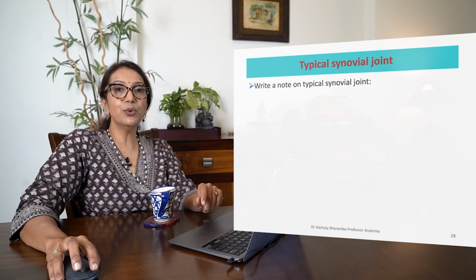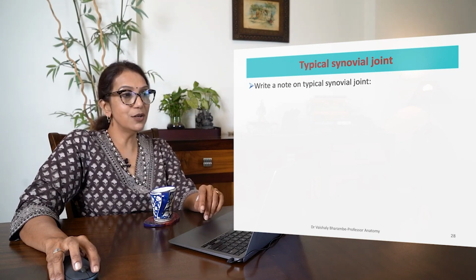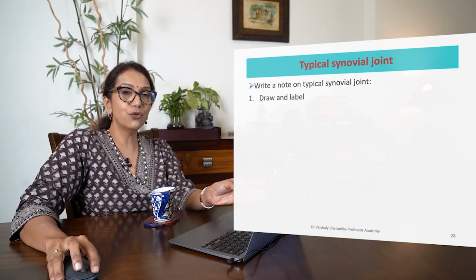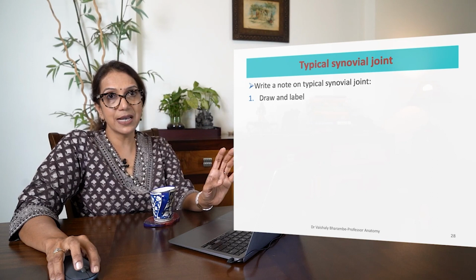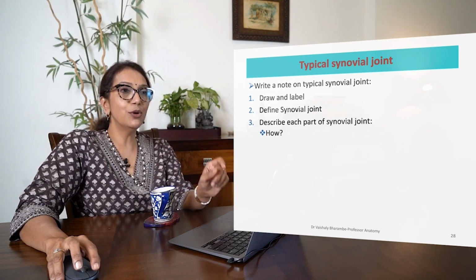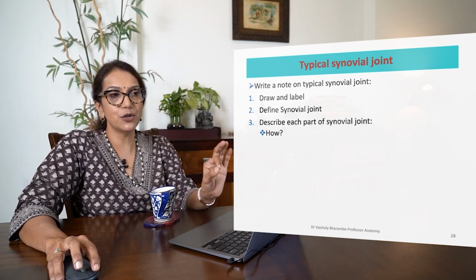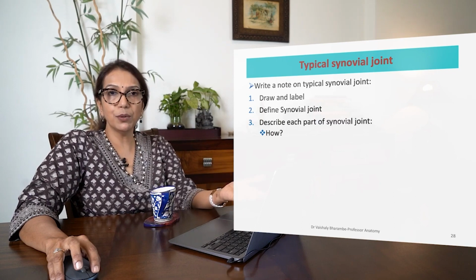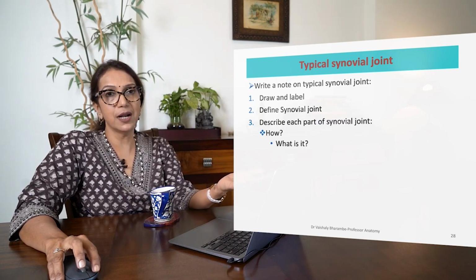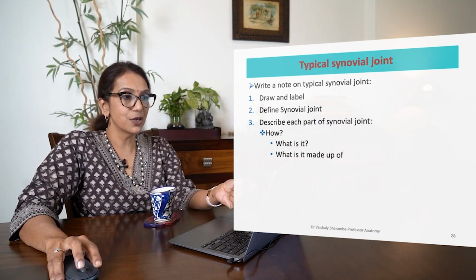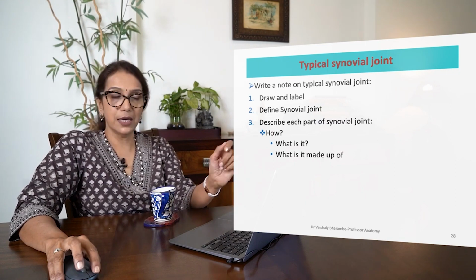With this, we come to the end of the topic on synovial joints. This is how you will attempt a question on a typical synovial joint. Draw the diagram first, like I told you, and then begin to describe each part of that joint. For example, if you're talking about articular cartilage, you say what it is: a type of hyaline cartilage. What is it made up of? Hyaline cartilage.